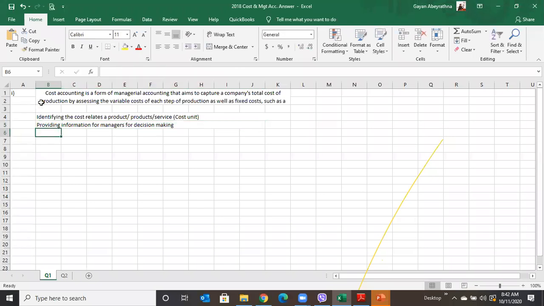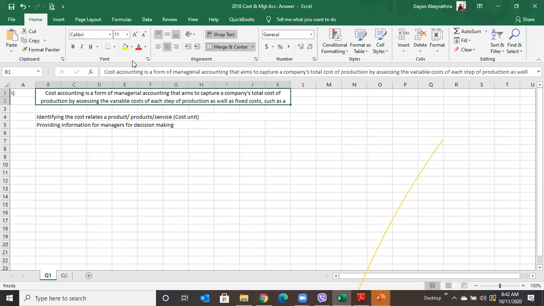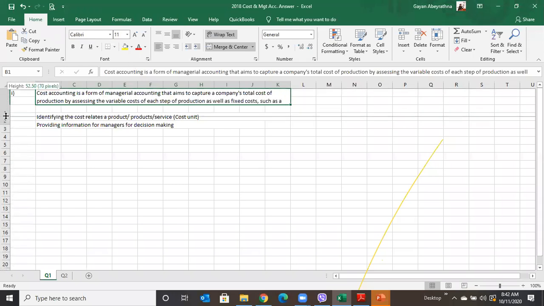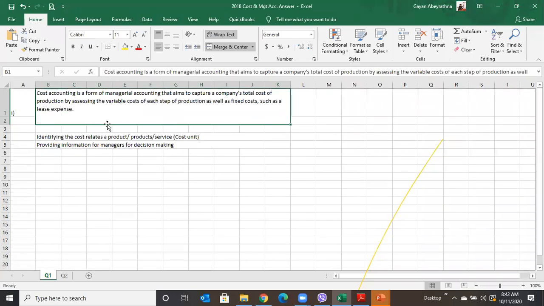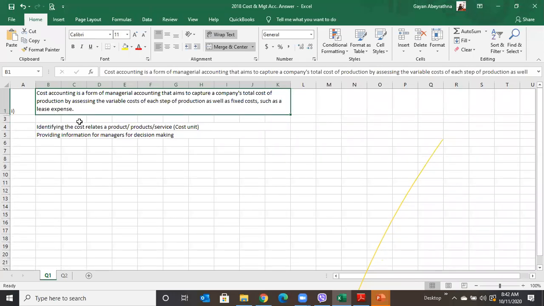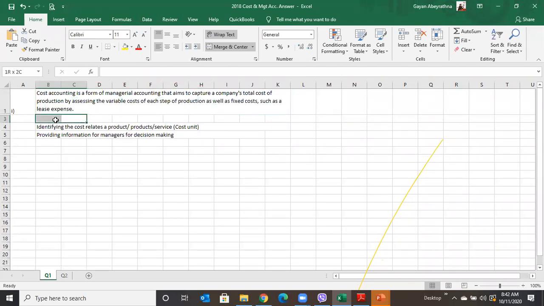If you wrote this in a simple way, you can earn marks. The objectives.